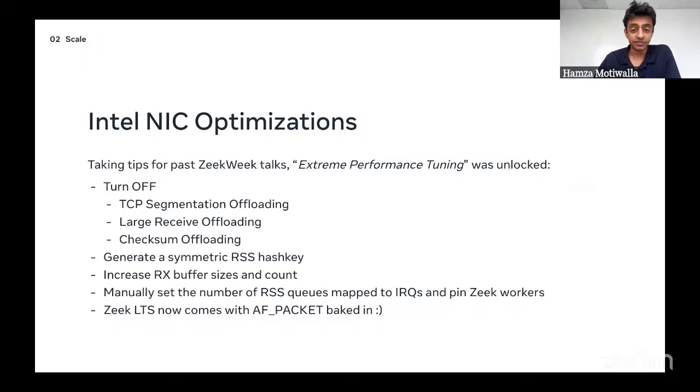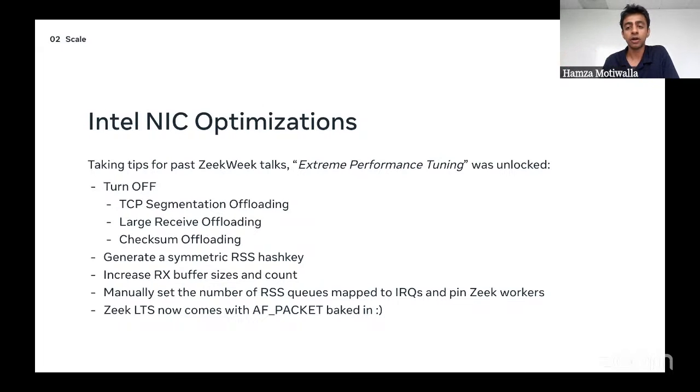All right, so this does not come easily, we need to do some extreme optimizations, and thanks to past Zeek Week talks about extreme performance tuning, I've studied this and gone through these optimizations to make sure that Zeek produces accurate logs and does its best to keep connection context.